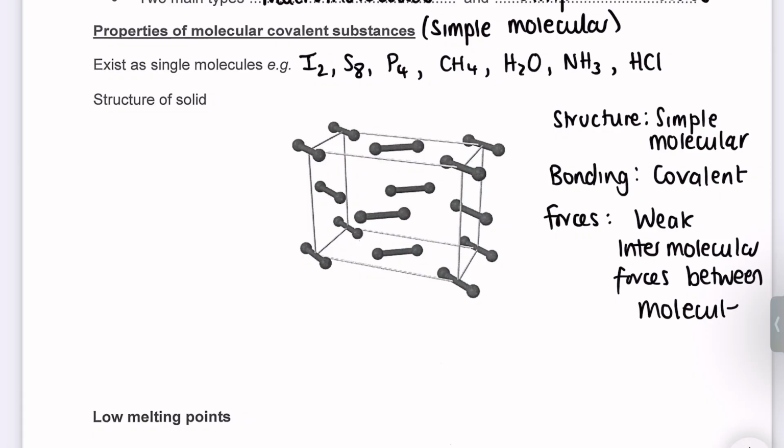Not between ions, not between ions and electrons, not between atoms, between molecules. So this is an example of something like iodine, a diatomic molecule. These are the molecules, these little things. And this bit here would be the covalent bond holding the atoms in the molecule together. If you imagine this was iodine, I2, this would be the covalent bond, the shared pair.